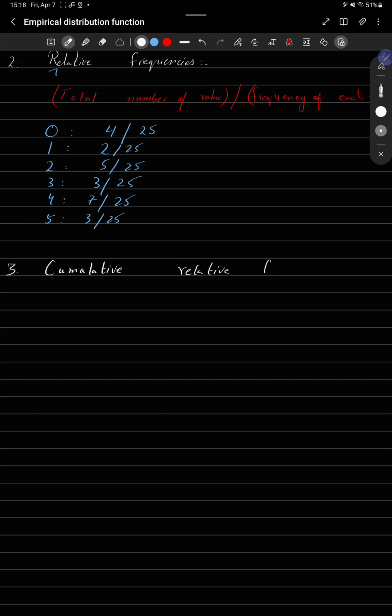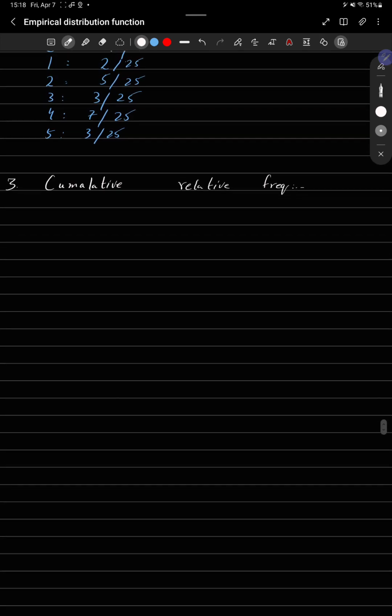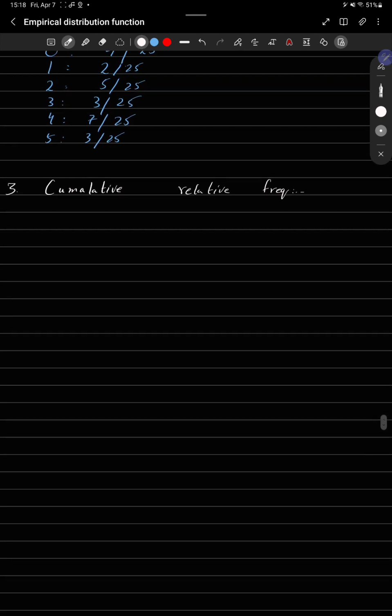To calculate the cumulative frequency, you add the relative frequency of each value to the sum of the relative frequencies of all previous values. So we will first solve this, then make a chart.